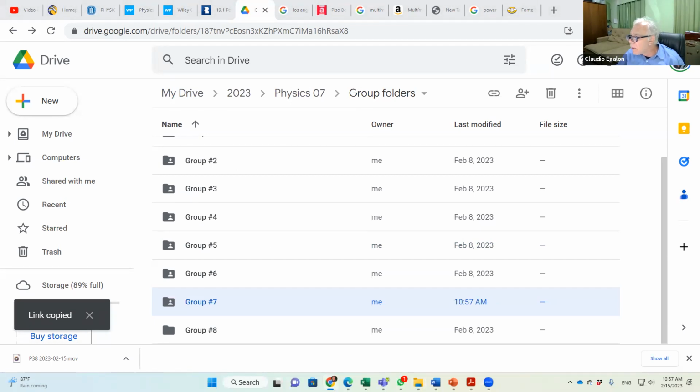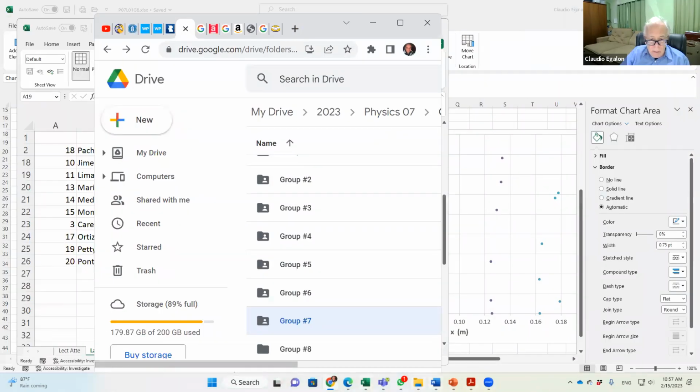Link for group 7. Here you go, you have a link there for group 7. I'm going to upload your spreadsheet now.